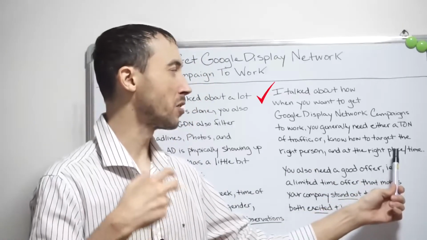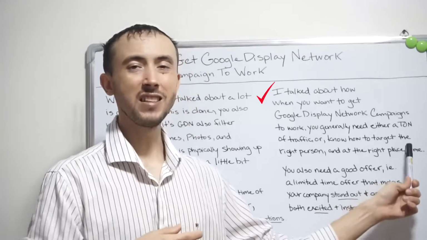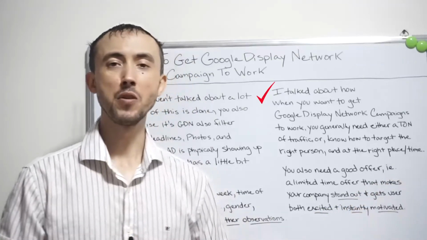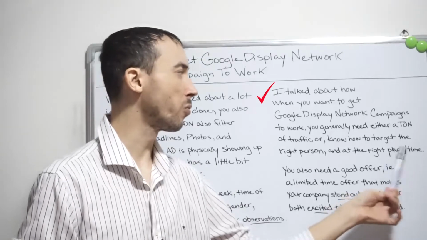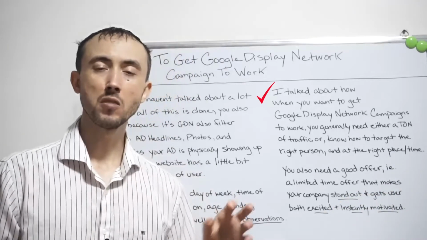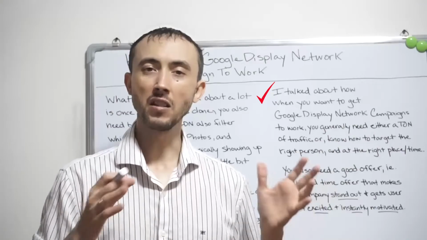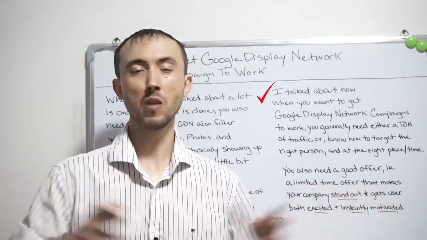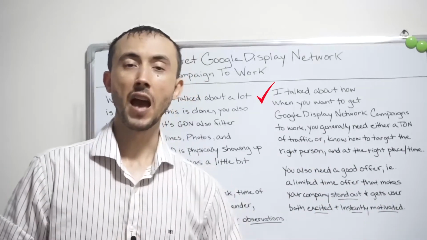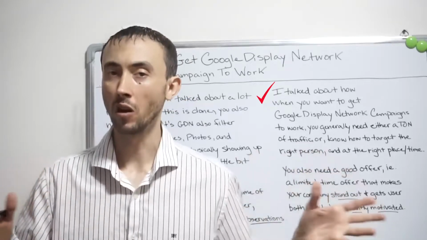If you could find, in addition to having the right person, the right person being able to be targeted at the right place and or the right time. But you generally need one of these two, place or time, in addition to marketing to the right person, to make the campaigns have the capability or propensity to work.